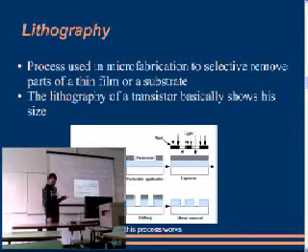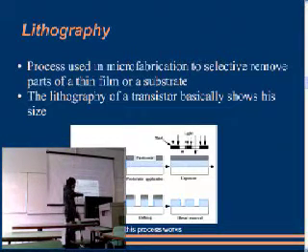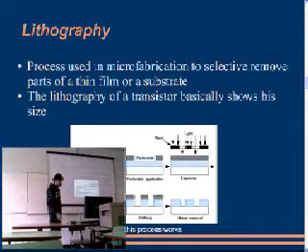When we put this in a bottle with acid, we corrode the copper part, and the part with plastic is not corroded. So we can make this kind of thing. We can make layers.